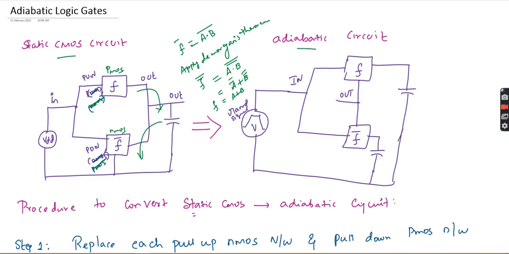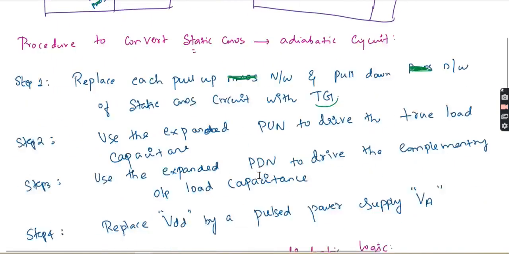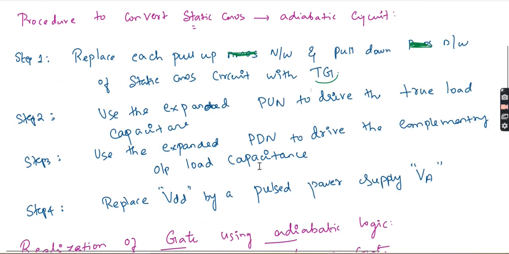The first step is that we need to replace each and every pull-up network and pull-down network of the static CMOS circuit with a TG, a transmission gate. You have to replace them with transmission gates.